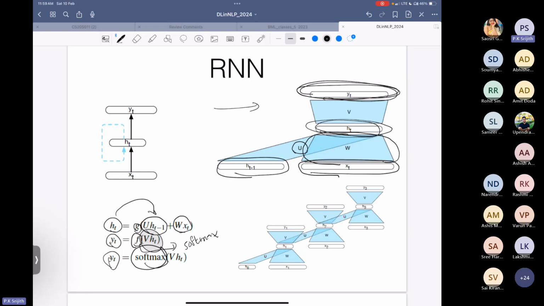Right, and generally it could happen that with a standard recurrent neural network like this, if your input is a very long sentence like a document, you might end up forgetting what you have seen in the initial part of the document. But the problem with maintaining a position dependent U and W is that it will overfit and it might not generalize well to unseen documents.